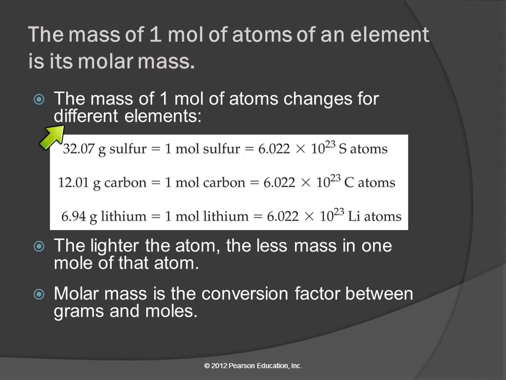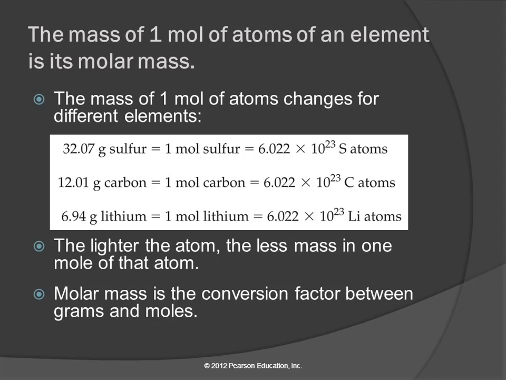So 1 mole of sulfur is 32.07 grams. 1 mole of carbon is 12.01 grams. 1 mole of lithium is 6.94 grams. These numbers are on the periodic table. The lighter the atom, the less mass you have in 1 mole of that atom.